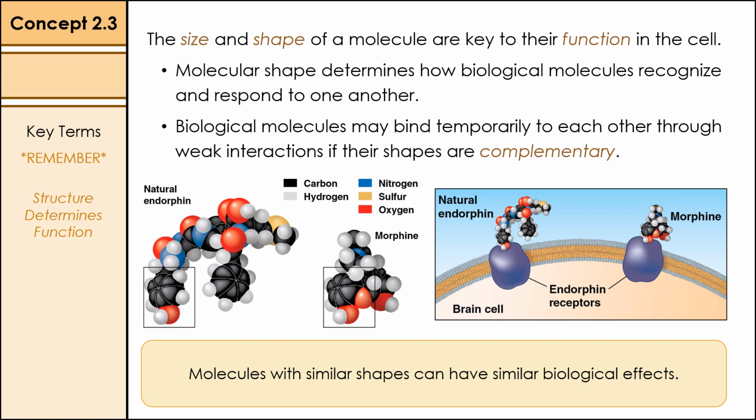We get the same effect from both of these because they're both able to fit into the same receptor. But one of these is produced naturally within our bodies, and the other can be introduced to the system in order to mimic those effects.